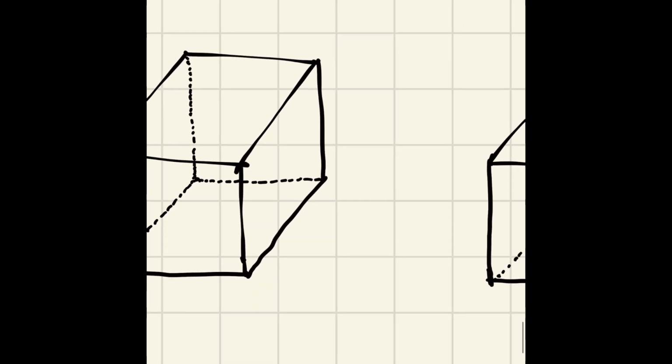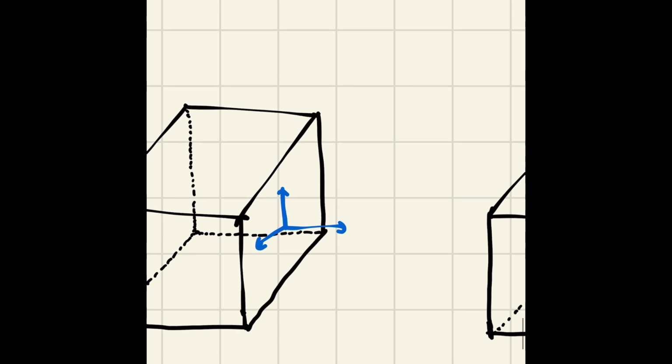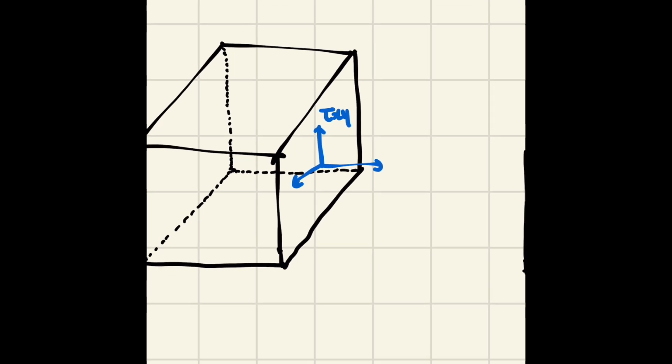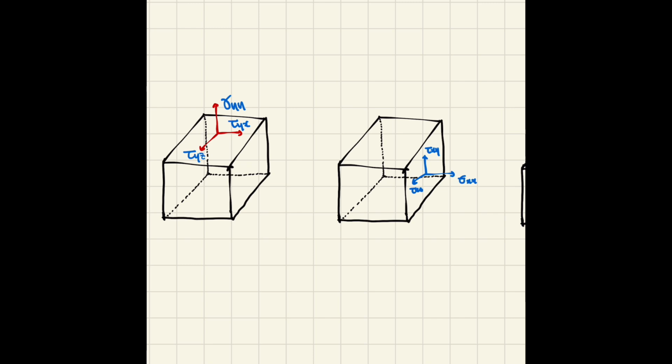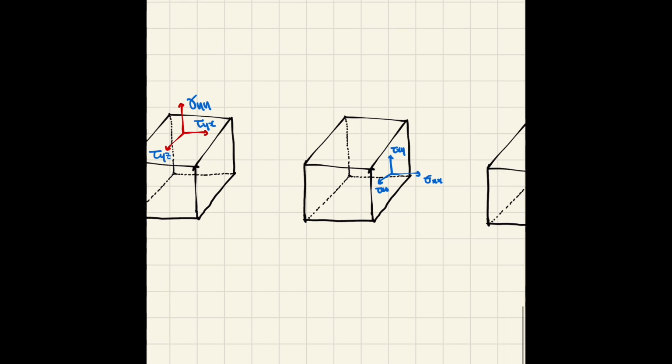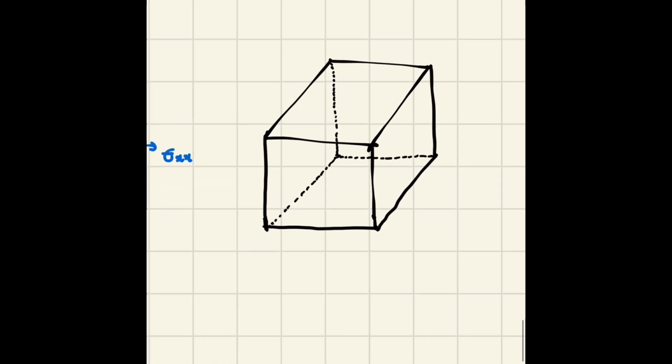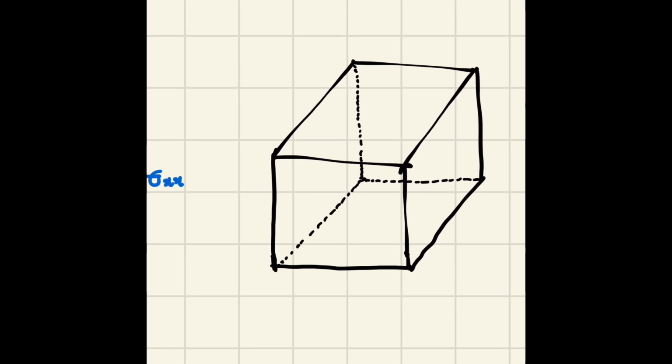On the second cube, let's write the shear stresses on this side of the plane. In this case, this one will be tau xy. This one will be tau xz, and this will be sigma xx, because they're on the x plane. Last but not least, let's look at the z sides. It will be this, this, and this.